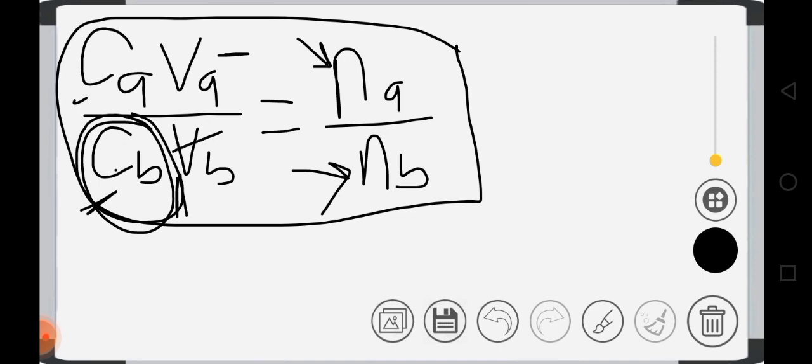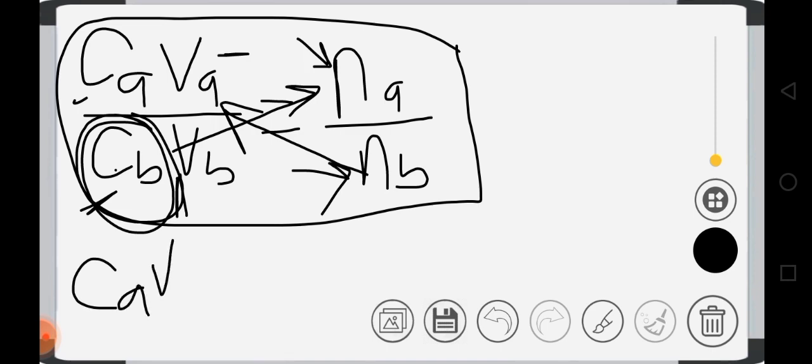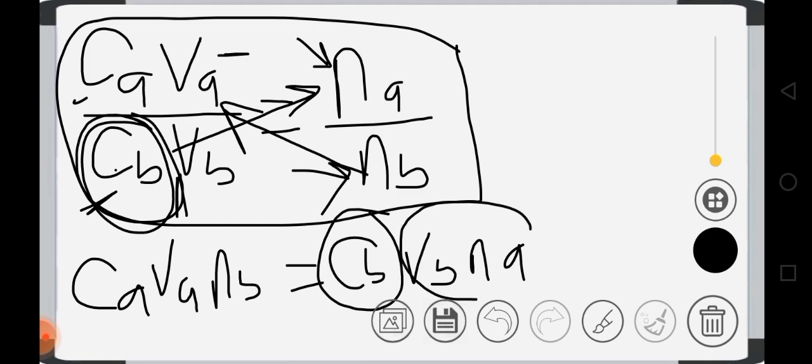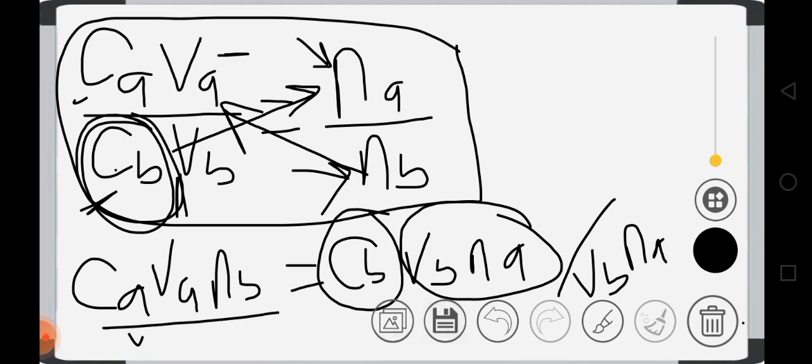So we cross multiply, and we have CAVANB equals CBVBNA. Next, we make CB the subject of the formula by dividing both sides by VBNA.